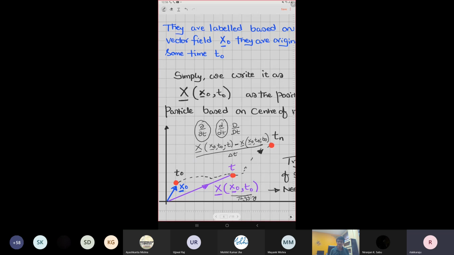Is this clear? Yes, sir. I can do it in this way, it doesn't matter. But I should be really careful. That is only a Lagrangian quantity.